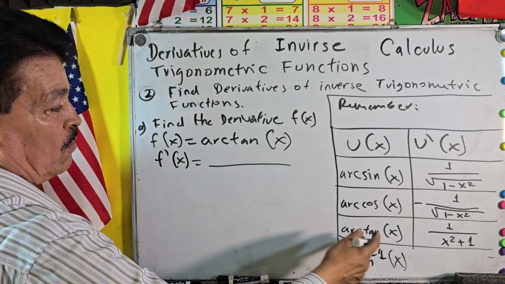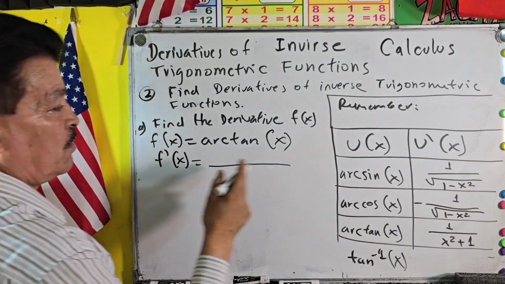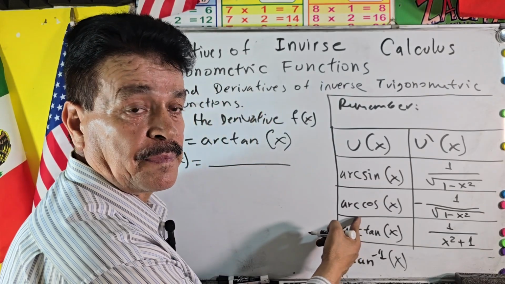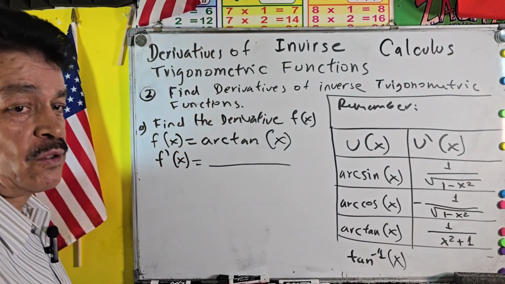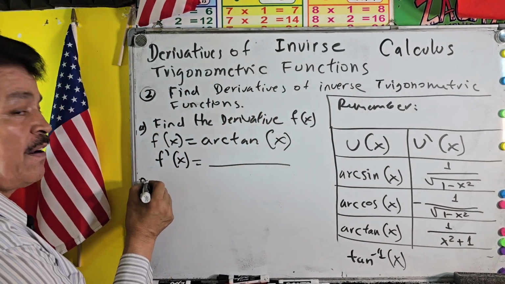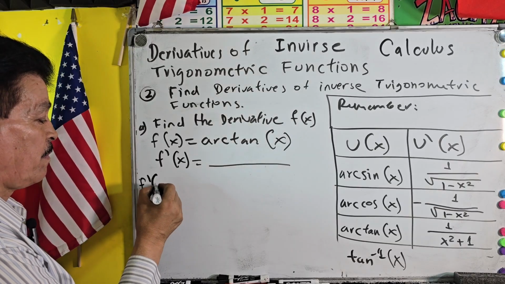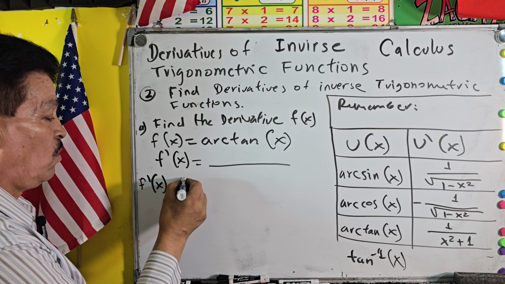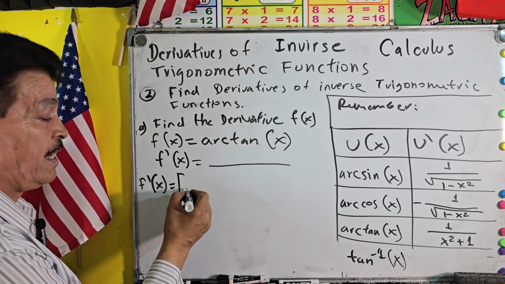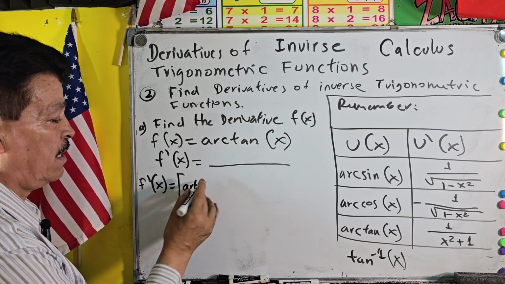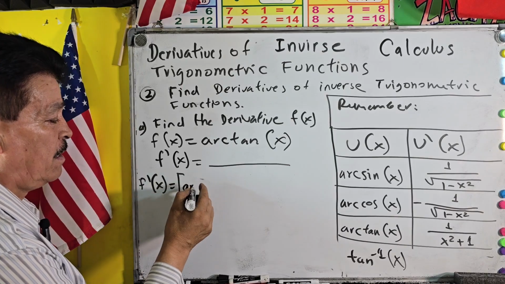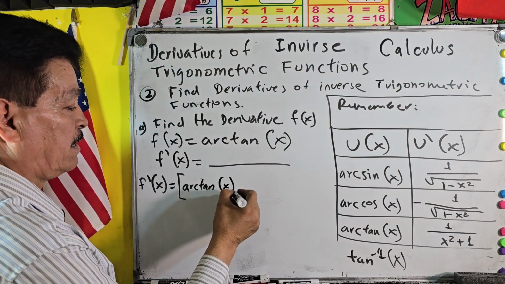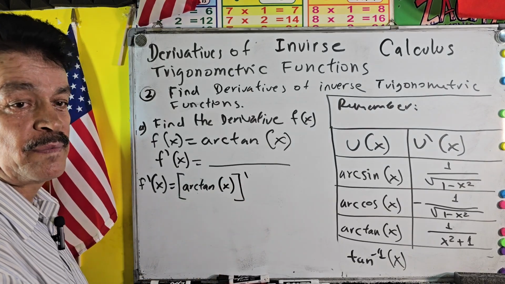So we have to look at which formula to take. For arctan, we take this formula, this one. Because we are looking for the derivative, we write f prime equals the derivative of arctan of x.